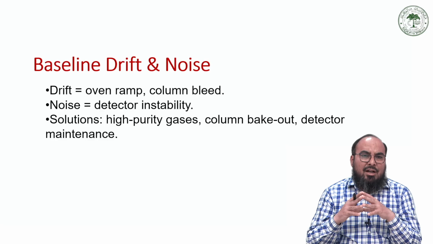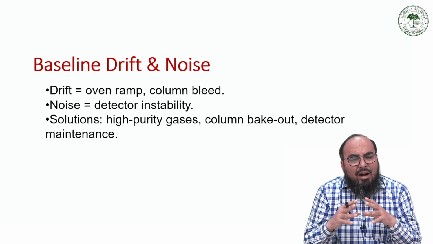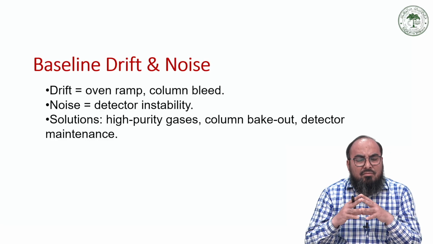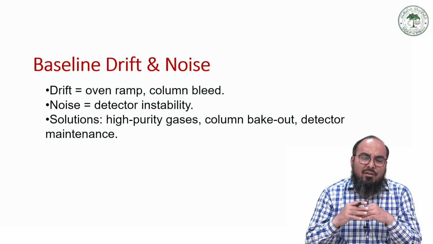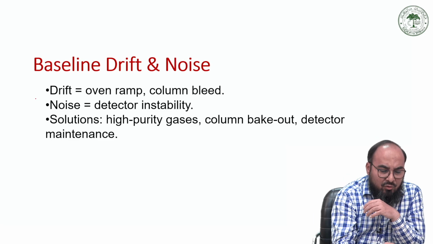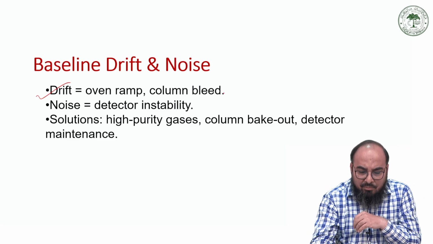Similarly, baseline drift and noise. So why does this occur? This drift occurs because of the increasing of the ramp. That is, if you have increased the rate of change of temperature with regard to time, then you will get certain drifts, or because of column bleed.